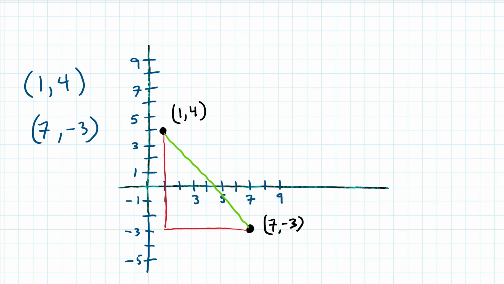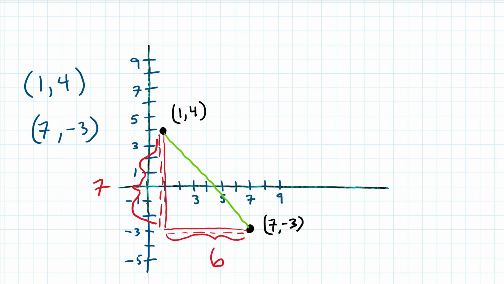And now we can easily see, okay, this is 1, 2, 3, 4, 5, 6 units. So that's 6 units. And then we can look at this and say we're going 1, 2, 3, 4, 5, 6, 7. This is 7 units right there.